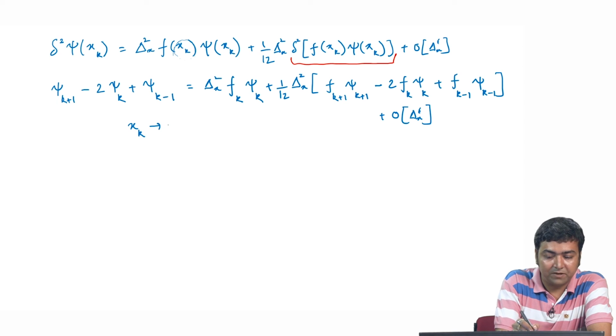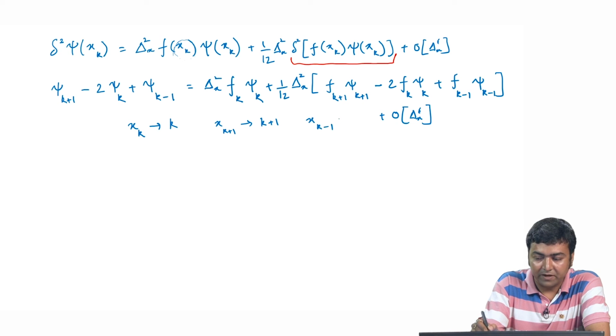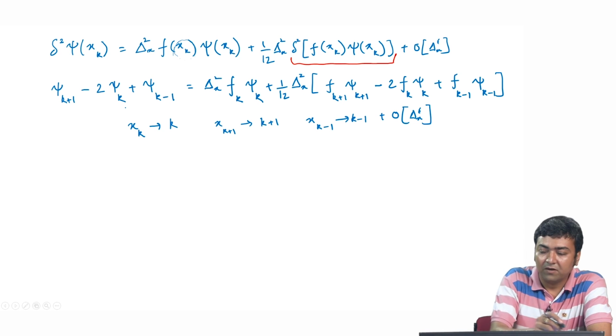I have replaced x k by k, x k plus 1 by k plus 1 and x k minus 1 by k minus 1. I have just shortened the notation. Now, let us try to simplify this still further.